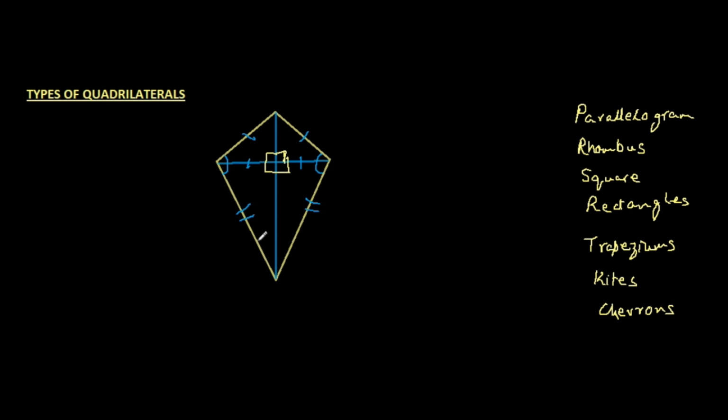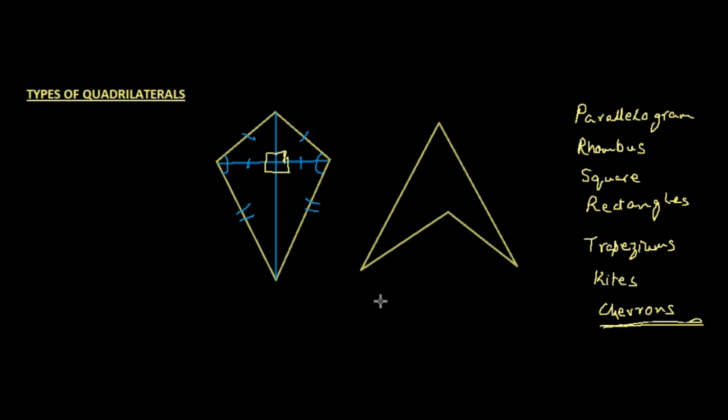And the last figure that we have got, a special kind of quadrilateral, are called chevrons. And chevrons, like I told you, are polygons, but the only difference is that they are concave polygons. So this is a chevron. Any figure like this is a chevron. It could be even a figure like this, for example.